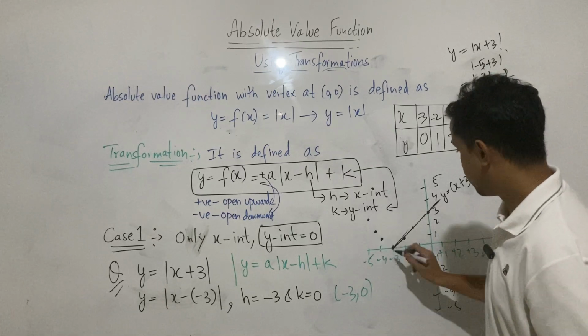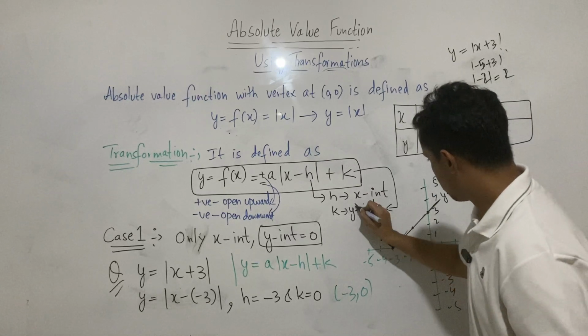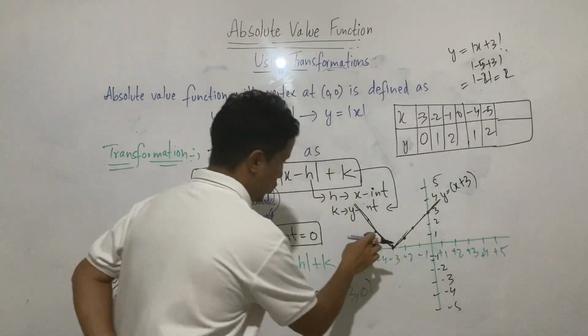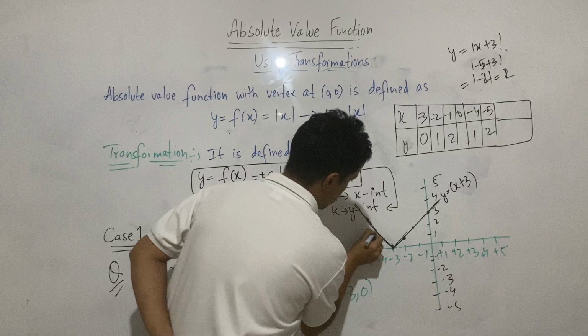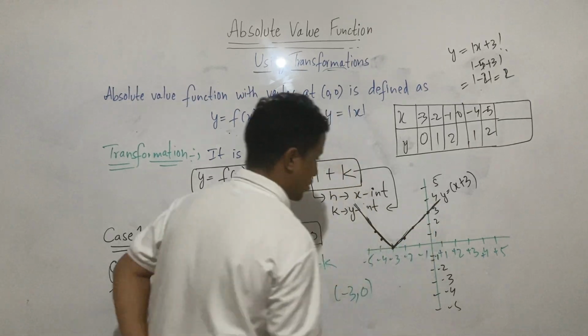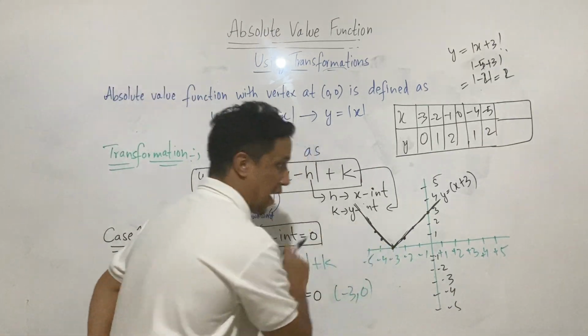Okay. So this is going to be the graph. Now this graph has vertex at minus 3.